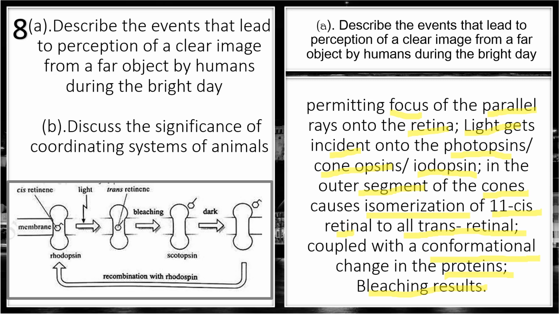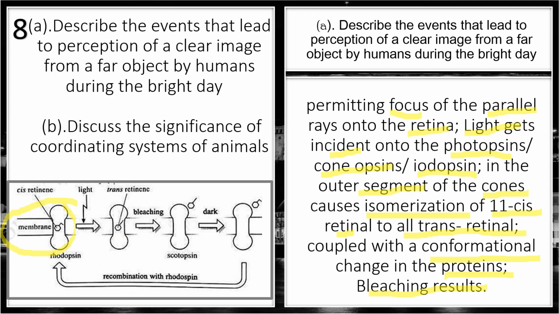So when the light rays come and strike the photopsin, iodopsin, in the outer segment of the cone, it is going to cause the 11-cis retinal to change to all-trans retinal, the one that we are seeing here.